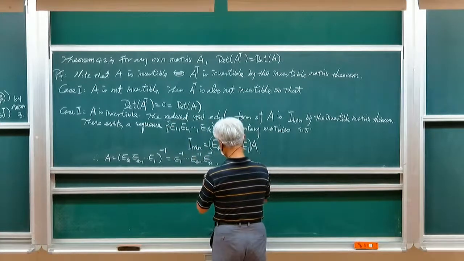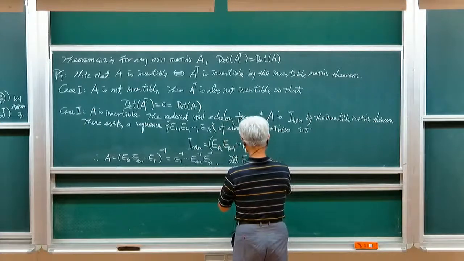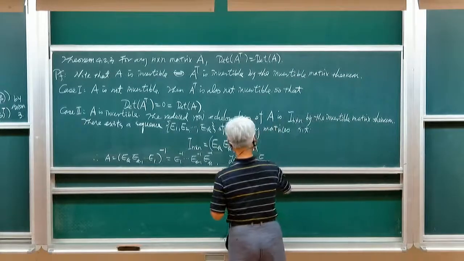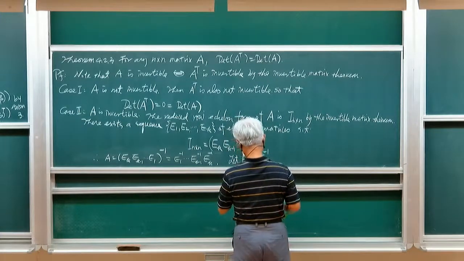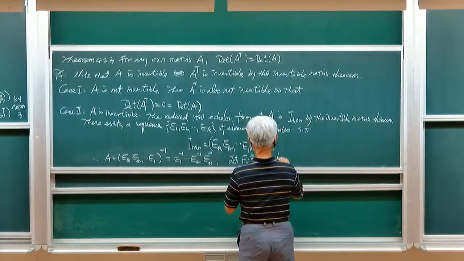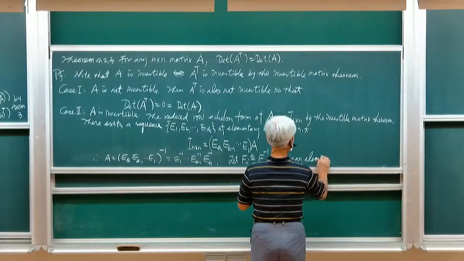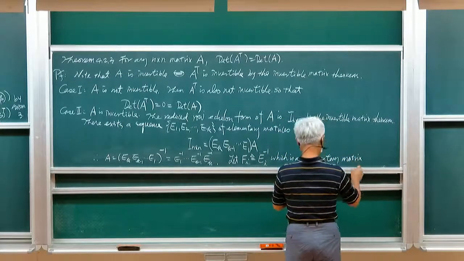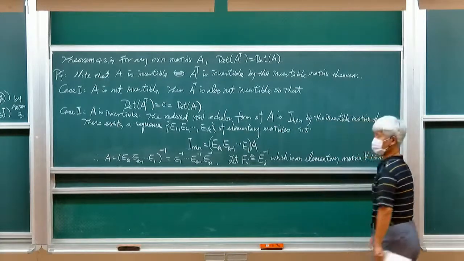All right, and we let Fi be defined to be the Ei inverse, which is an elementary matrix for all i.